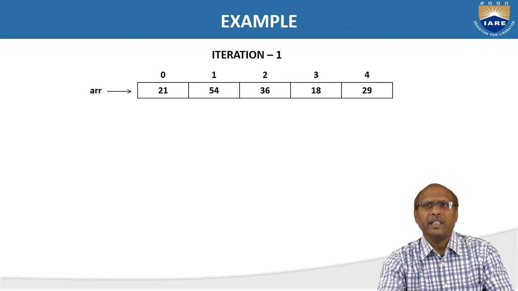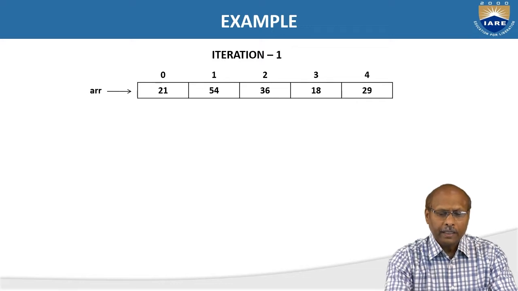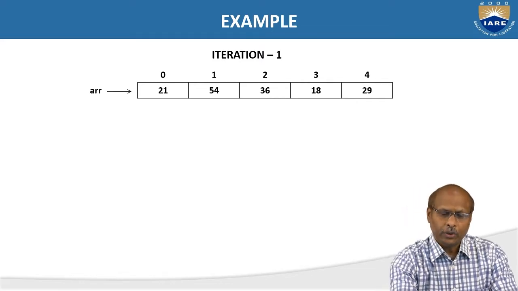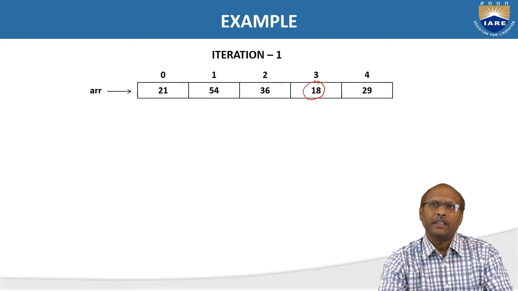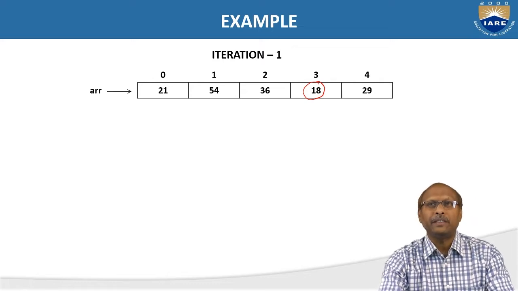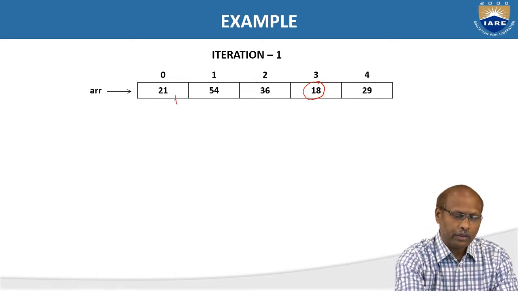Assume the array has 5 elements: 21, 54, 36, 18, 29. Please observe, there are 5 elements. Which is the smallest here? The smallest is 18. So this 18 has to come to the 0th position. After 18 has come to the 0th position, the remaining elements you have to sort. So after the first iteration, 18 will be in the first position.